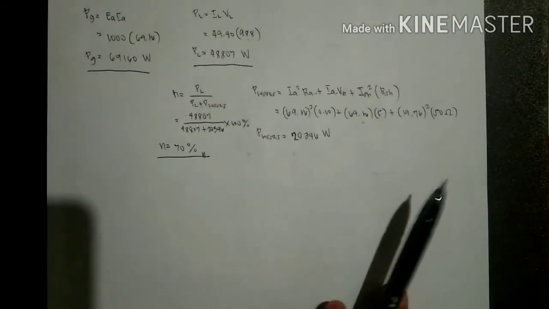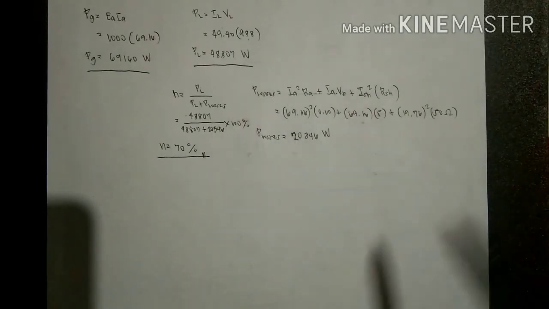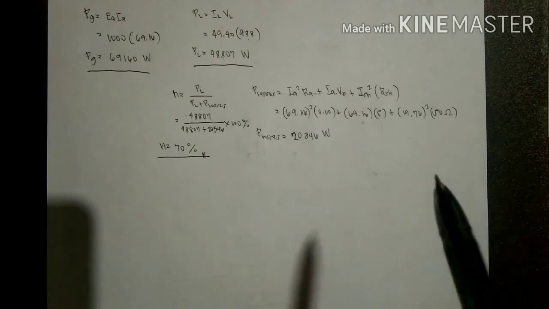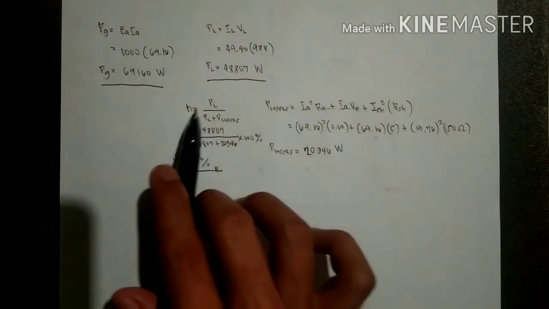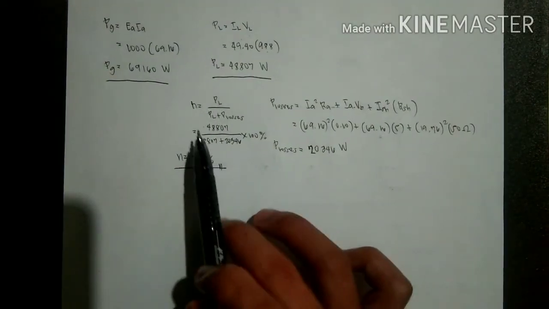The total power losses in our generator is 20,346 watts.